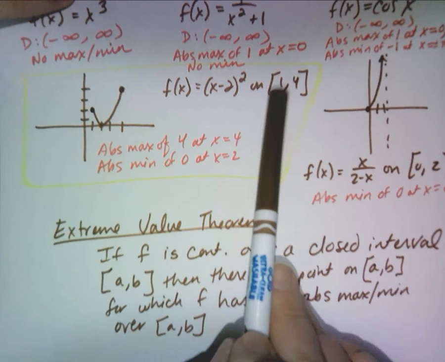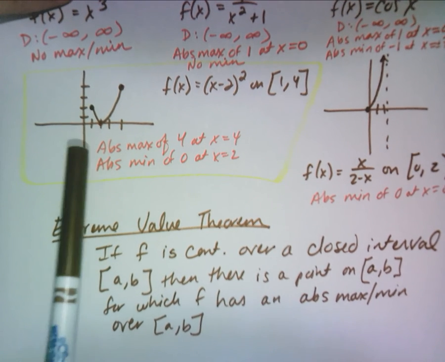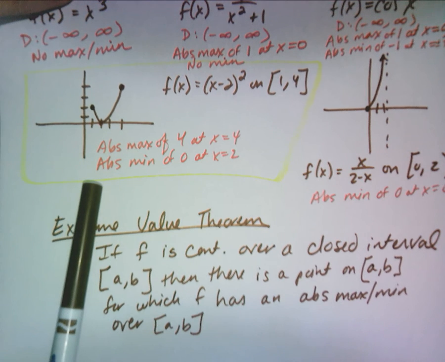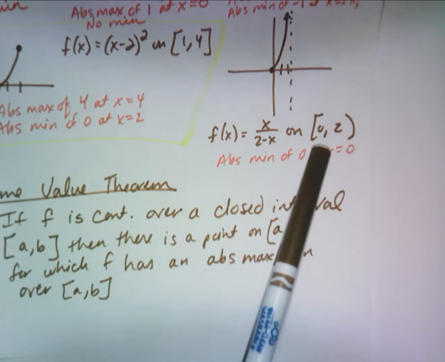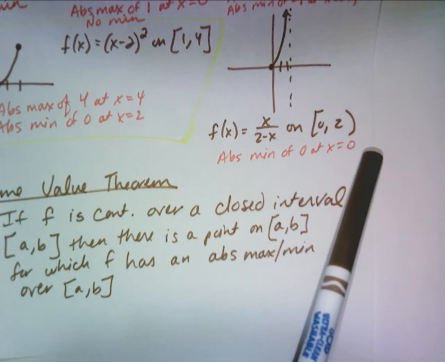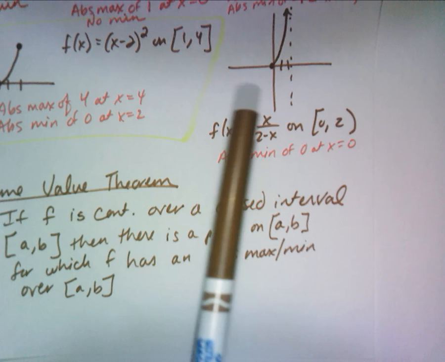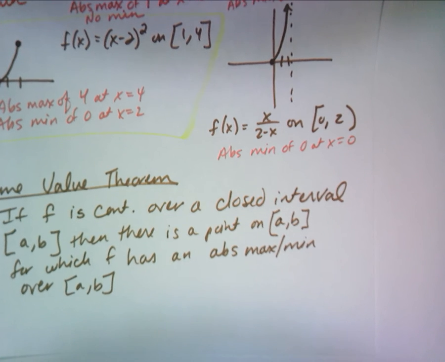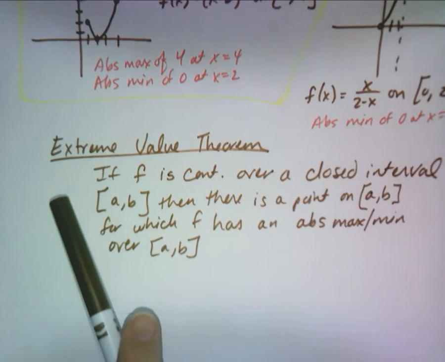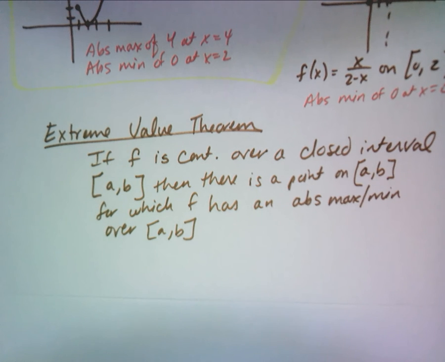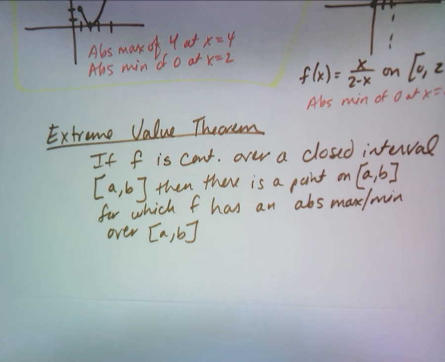Was I on a closed interval? Did I have an absolute max and an absolute min? Sure did. Was this entirely closed though? No. If I had put a bracket here, then I would have had a max and a min. Does that make sense? Okay. So that's all the extreme value theorem says, that I've got myself some maxes and mins.